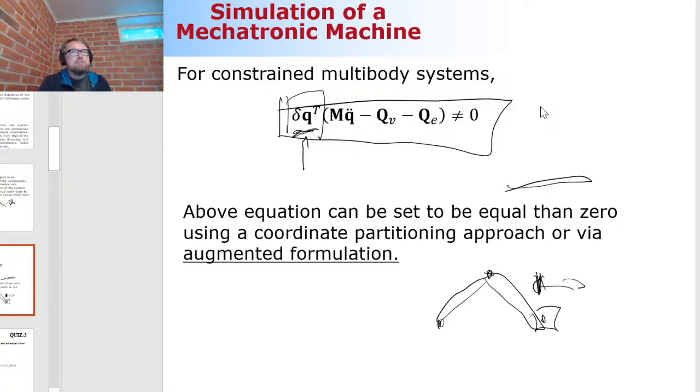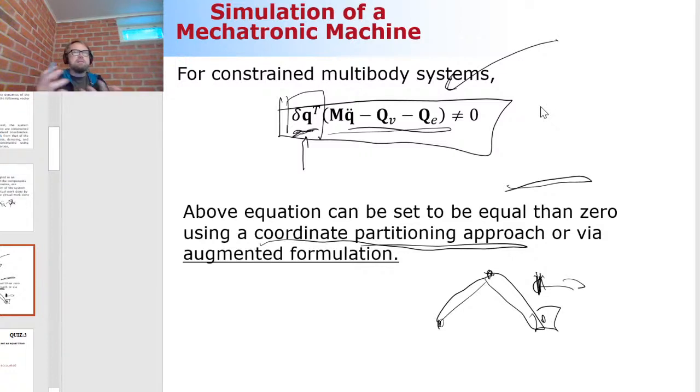Well, we basically have two alternatives to make it happen. We can either substitute the constraint inside of this equation. That's one way, and it is referred to here as the coordinate partitioning approach. We are not going to take a look at that. Another one is that we can add the constraint to this equation of motion, and that's going to be the augmented formulation.